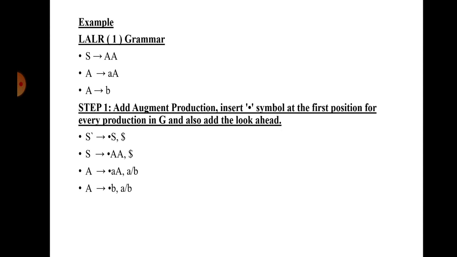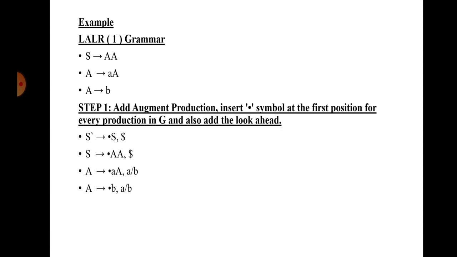So we have to find the first value of capital A. In the original productions, capital A first gives the terminal small a, and the second gives the terminal b. So first of A is a comma b. So the look ahead symbol of A tends to dot aA is a comma b, meaning it may go with a and b. So we write a slash b.